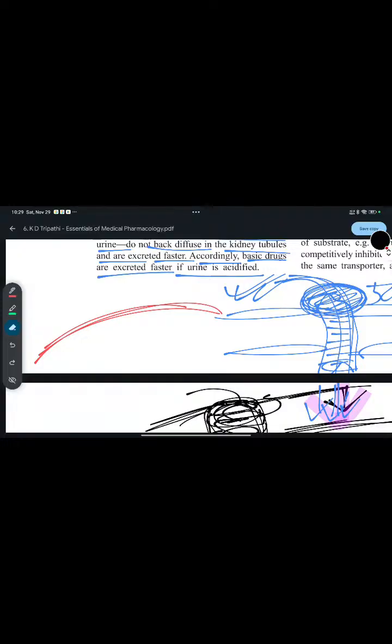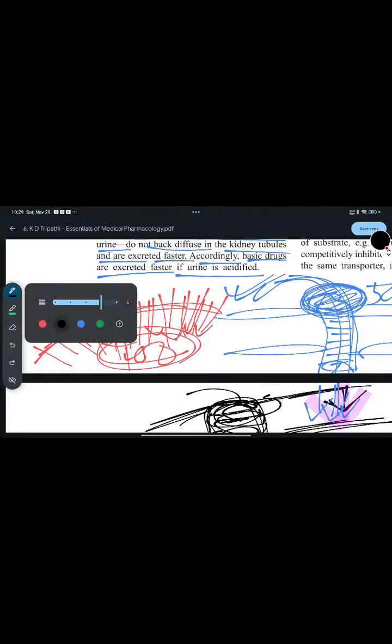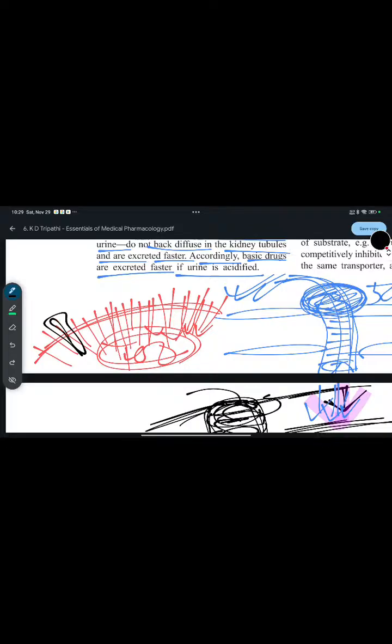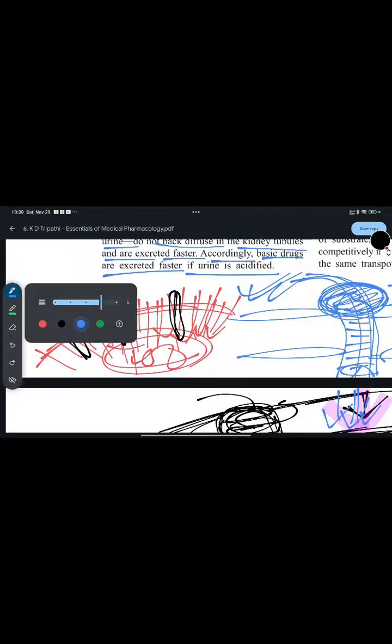Whereas, if some pores are present which only allow the passage of ionic substances, and the pores are limited in number, then what will happen? The transport of those ionic substances will be less or more? It will be less. Why?